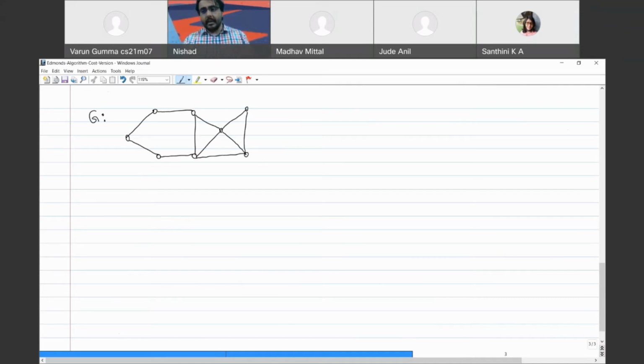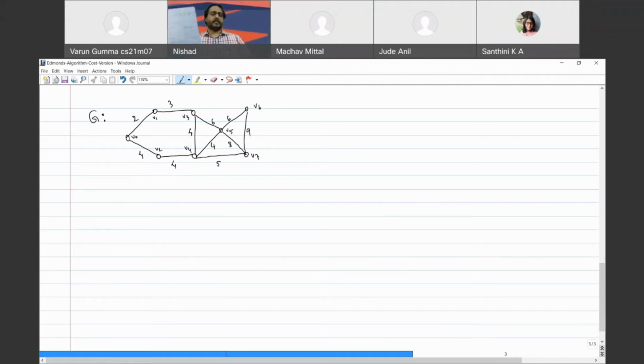Okay, so consider this graph. Let me give labels V0, V1, V2, V3, V4, V5, V6, and V7. Okay, and the costs of the edges are as follows: 2, 3, 4, 4, 4, 5, 6, 6, 4, 8, and 9.